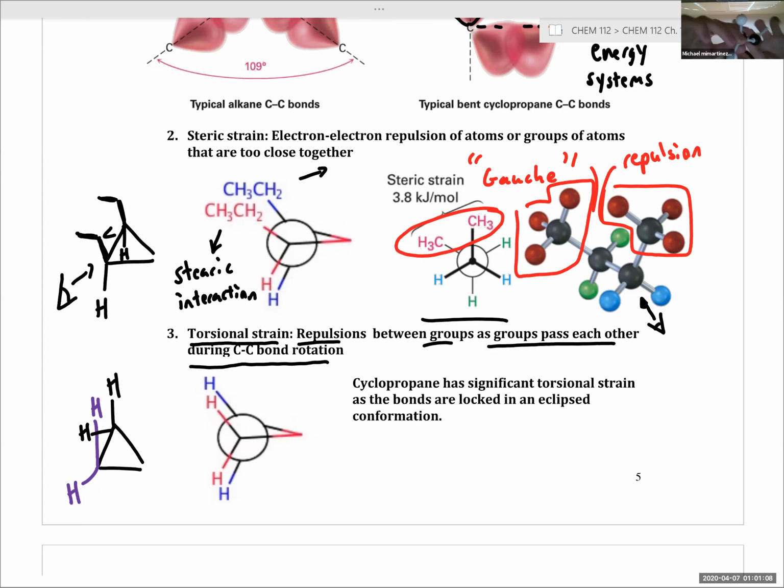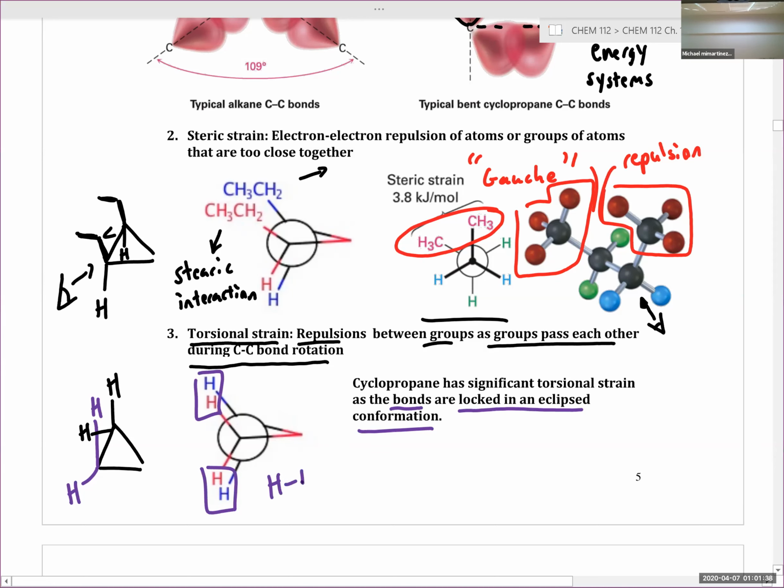I cannot rotate out of this eclipsed conformation. Cyclopropanes are quite unstable. One key feature of cyclopropanes that I want you all to appreciate is that the bonds in cyclopropane are locked in an eclipsed conformation. They're rigid. And as a result, we're stuck with all of these H-H eclipsing interactions.